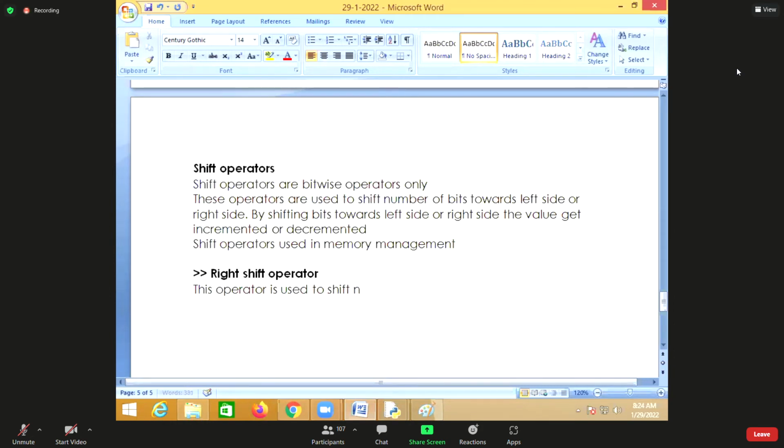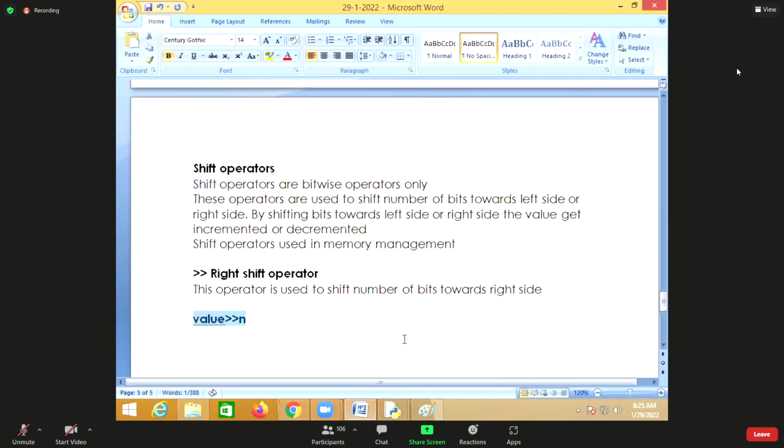It is a binary operator where you require operands: a value, the right shift operator, and n.